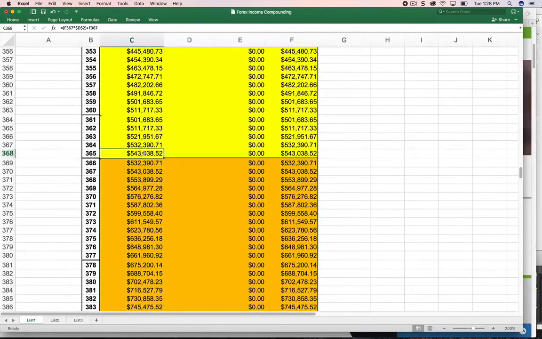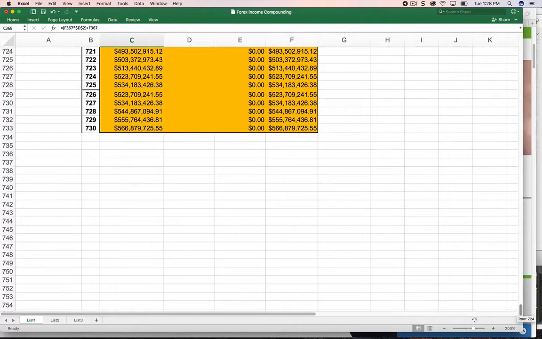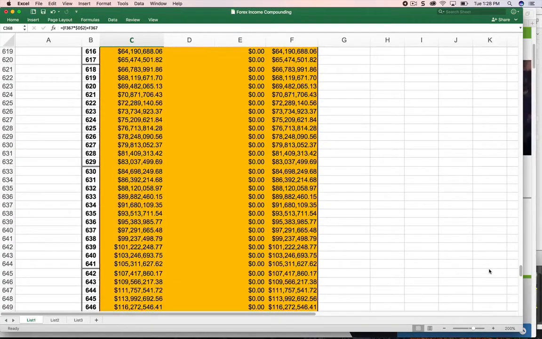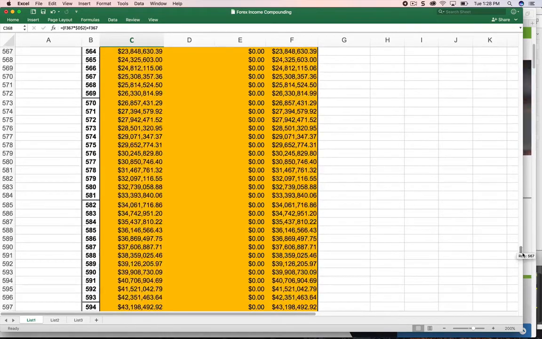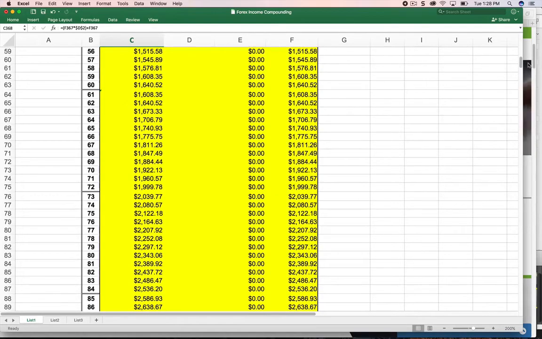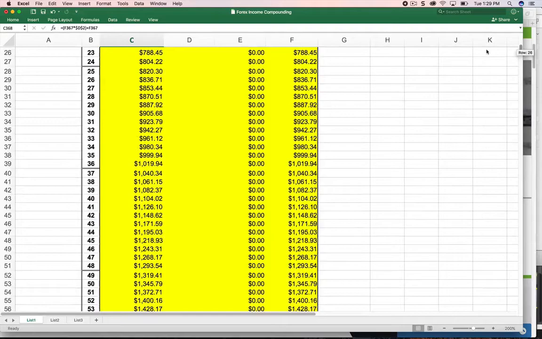In 1 year, you have $500,000. In 2 years, you have 500 million. That's if you do it perfectly. But again, your results will vary. This is compounding interest. This is assuming that you don't withdraw from the account. And this is on 730 days or 365 days.